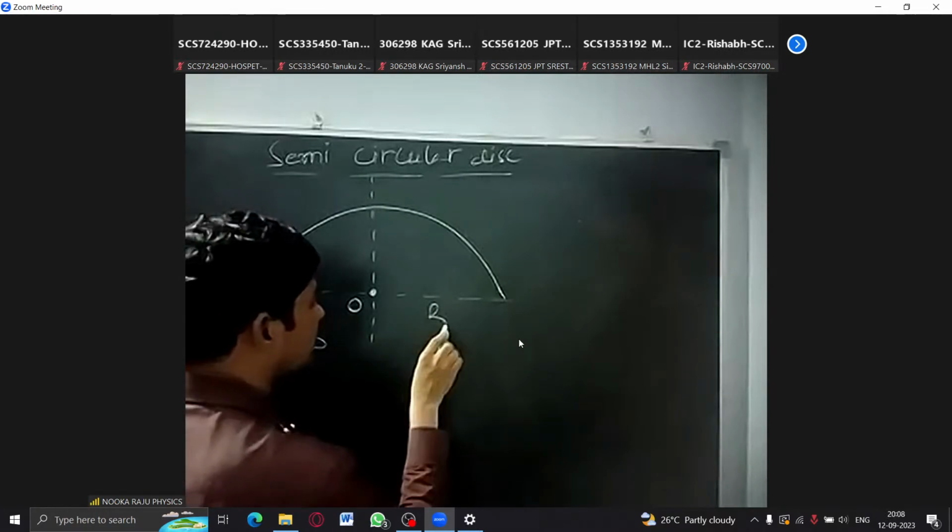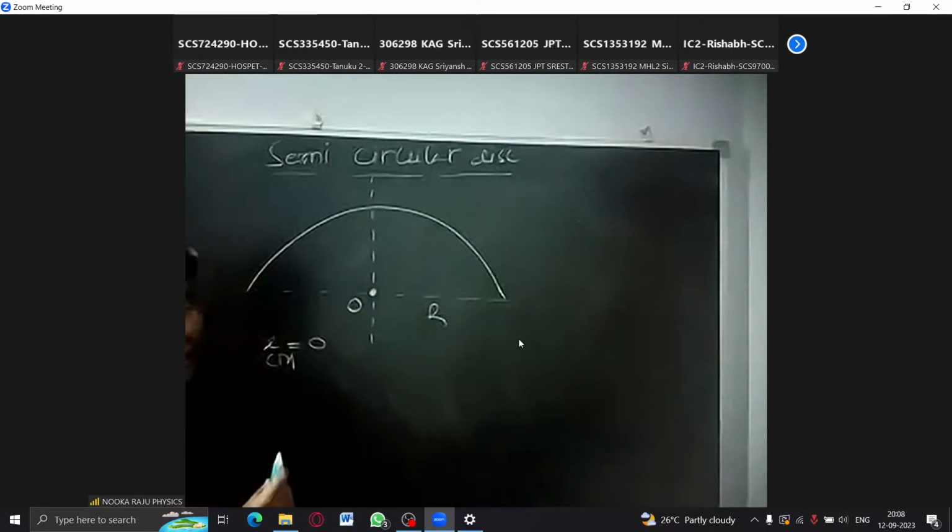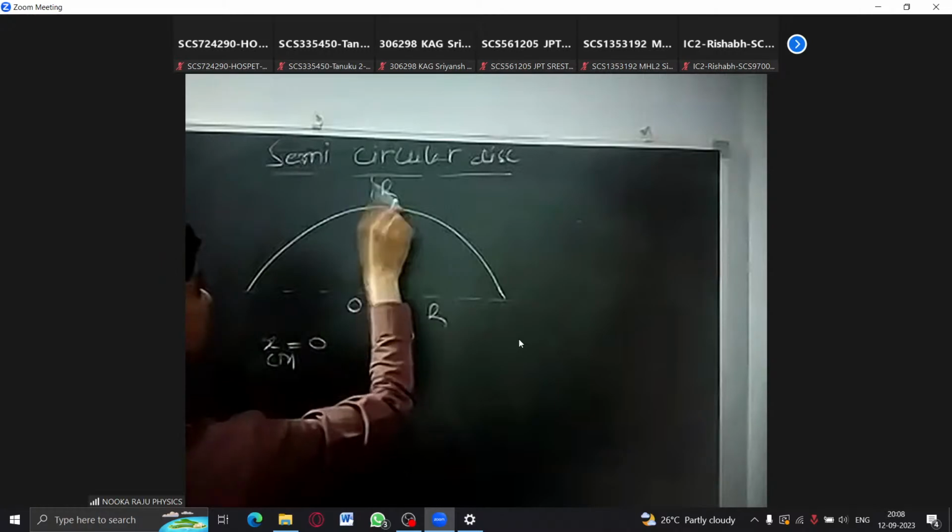Simply x_CM equals 0. Coming to the next, I consider this is R, the radius of the disc equal to R, and this is also a radius.